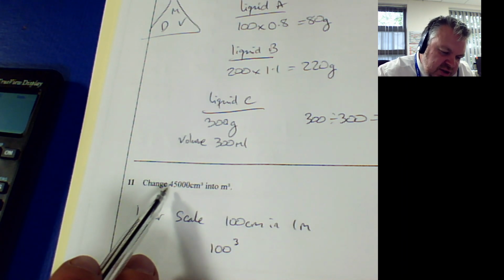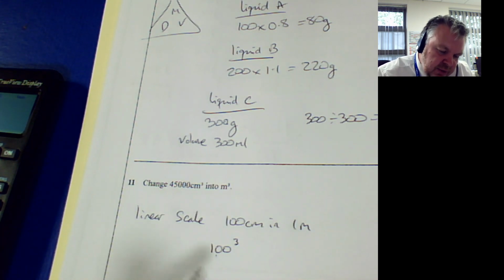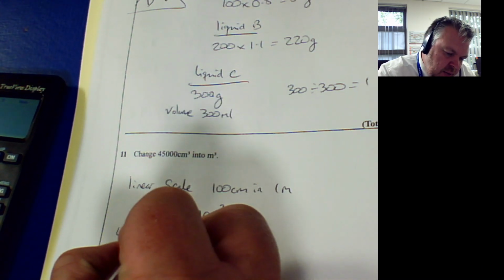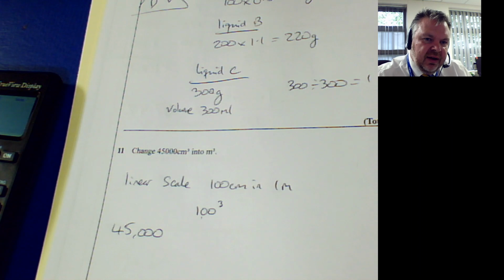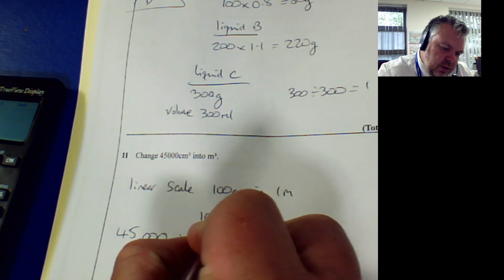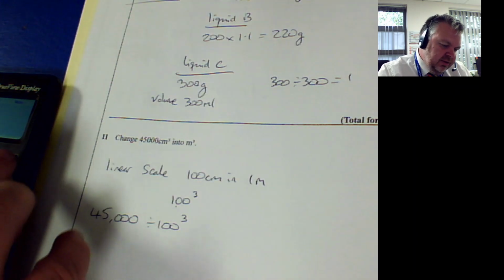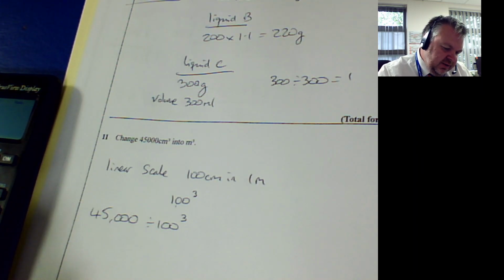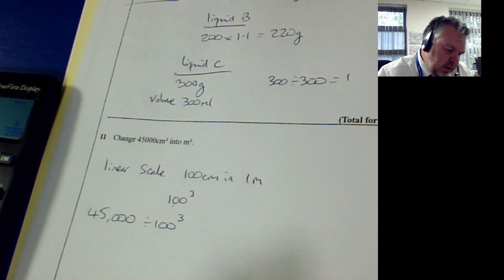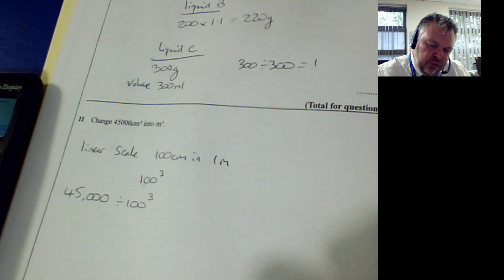So I'm going to do 4500, and I'm going to divide that by 100 cubed, and that will give me my metres cubed. And again, just using my calculator. And we've got 0.045.